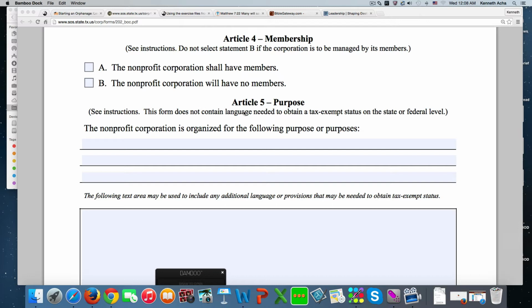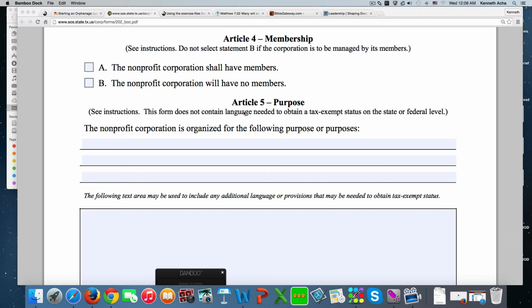You could totally run a nonprofit for years without having tax exemption, and you could still accept donations. The people who give you donations just wouldn't be able to consider those donations as tax exempt. And when people give you $100 here and there, they really don't get much back when they file taxes, even though people don't understand that. So we're not going to cover that in this class.